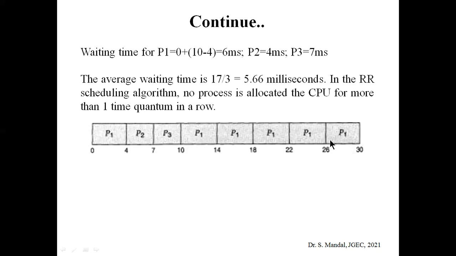As at this point there are no processes other than P1, P1 is assigned the CPU in a row. But if at this point there were P2 and P3 processes, then after P1 it should be P2, next P3, and it would continue like this.